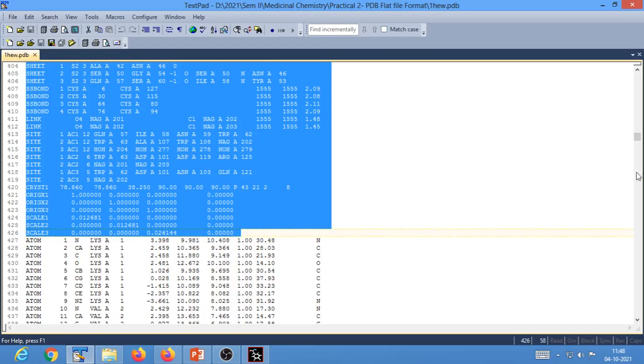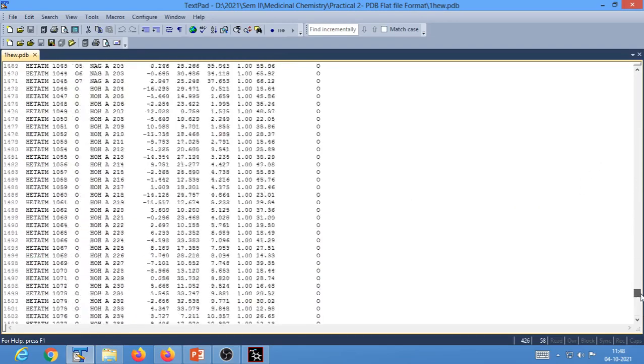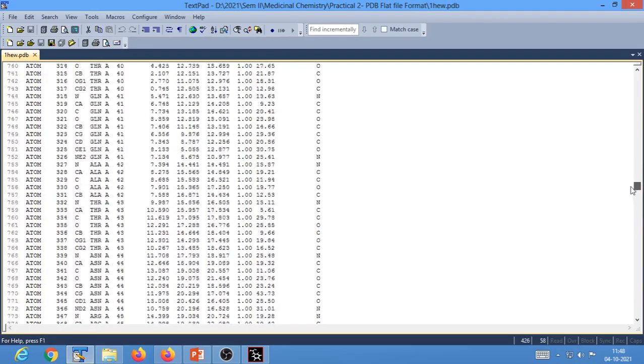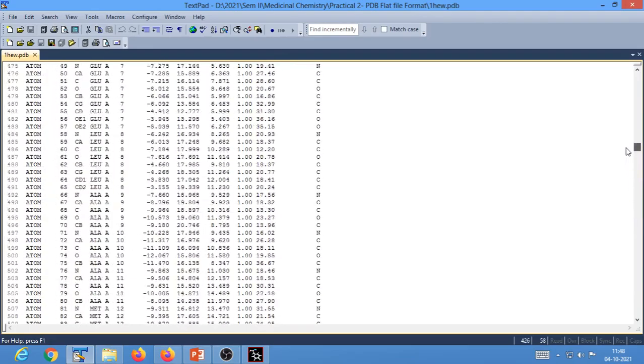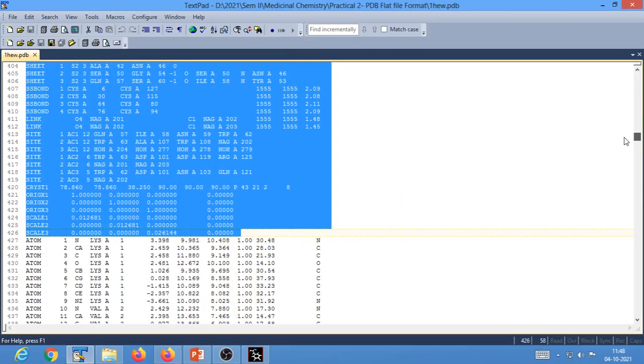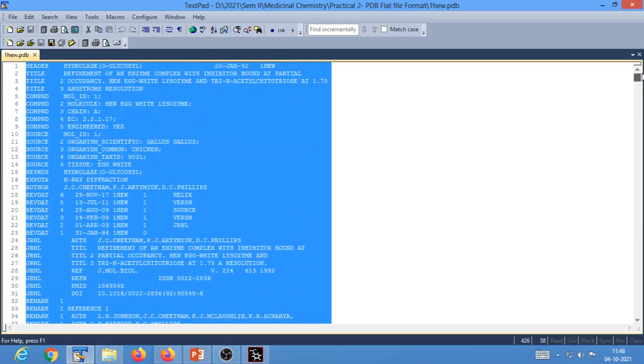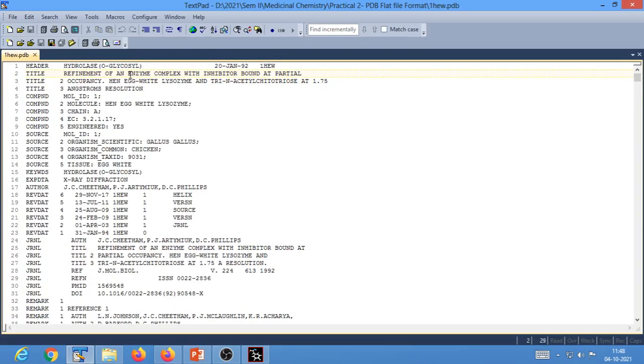So 1/4 of your PDB file is devoted to the annotation section, while 3/4 of your PDB file is devoted to coordinate information. Now let us try to understand what these different keywords present in your PDB file are and what they signify.